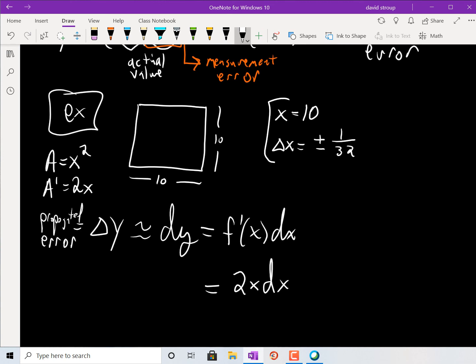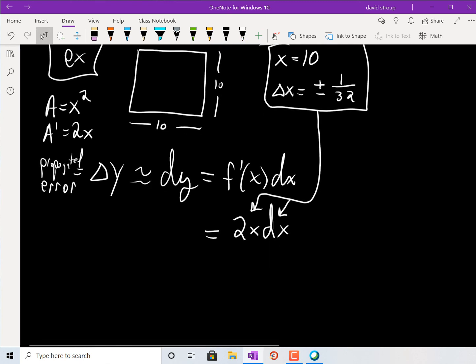And we're given this information here, right? So we'll dump this information into this formula. Remember, little dx is the same as delta x. That's the differential of x. So we end up with 2 times 10 times plus or minus 1/32.